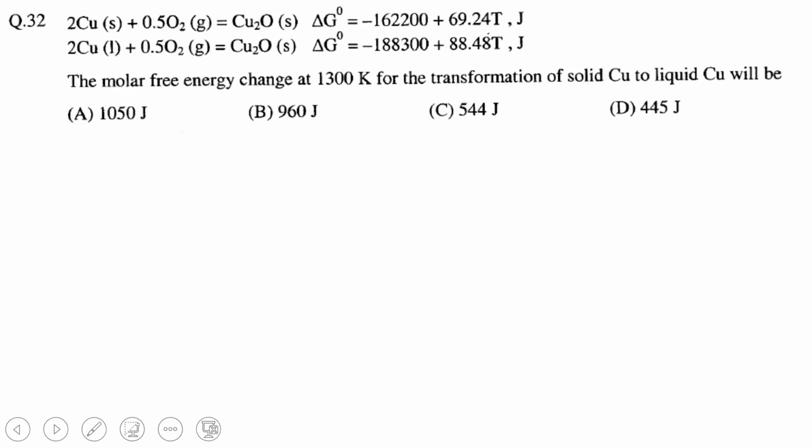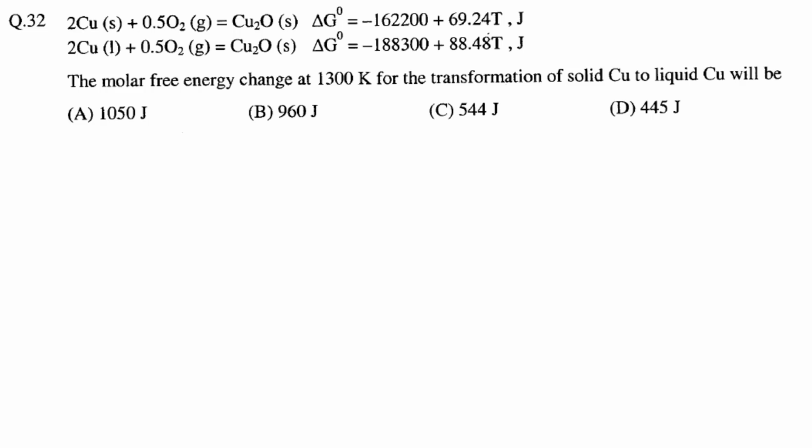Question number 32. 2 copper solid plus 0.5 O2 gas equal to Cu2O solid, delta G naught equal to minus 162200 plus 69.24 T joule. 2 copper liquid plus 0.5 O2 gas is equal to Cu2O solid, delta G naught equal to minus 188300 plus 88.48 T joule.